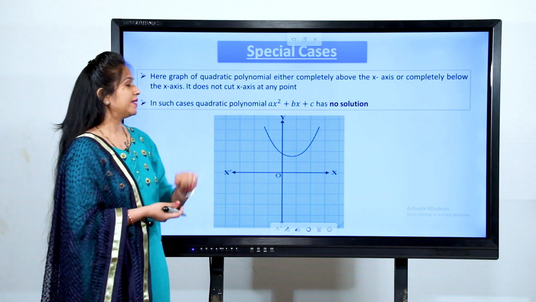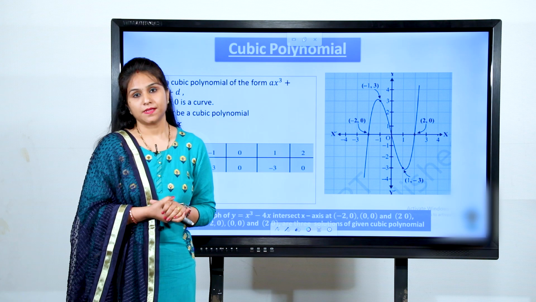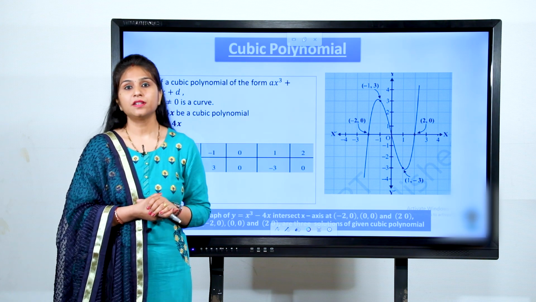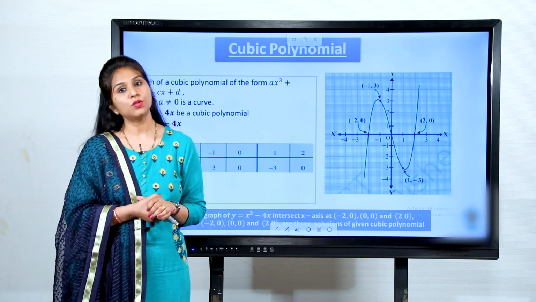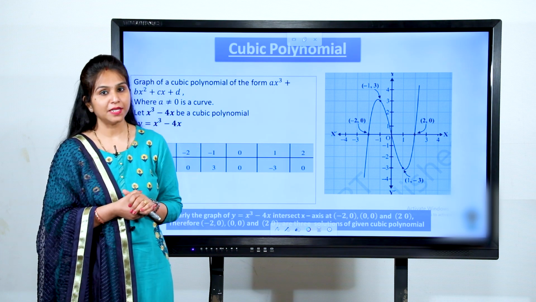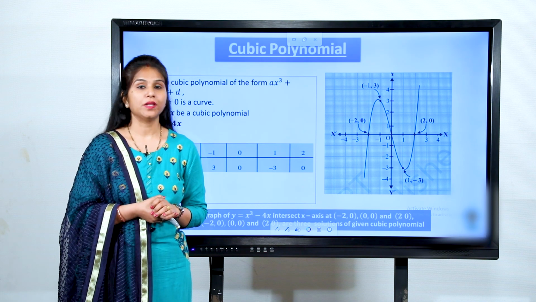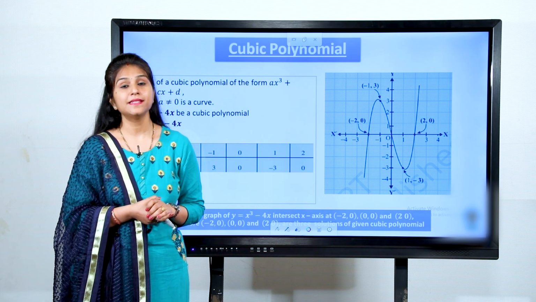Now the next thing is about cubic polynomial. Now we are going to discuss the geometrical representation of the zeros of a cubic polynomial. Let us discuss what a cubic polynomial is. You know, a cubic polynomial is a polynomial where the degree of the variable is 3.